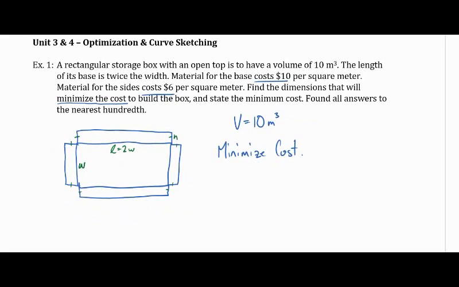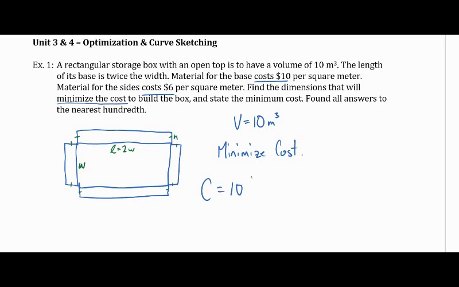I'm going to do this. You might do this in different ways. You might separately come up with the different expressions that you need just for the surface area. But I'm going to do this. Cost equals. So it's $10 per square meter.